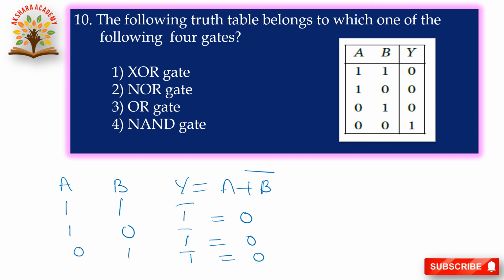And suppose A is equal to 0, B is equal to 0, 0 bar is equal to 1. So this is the concerned truth table.